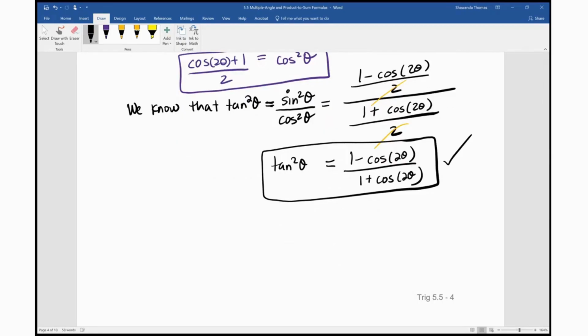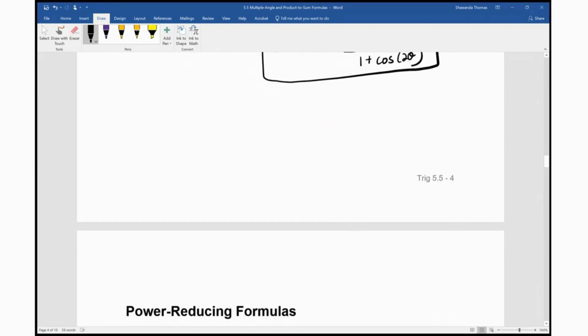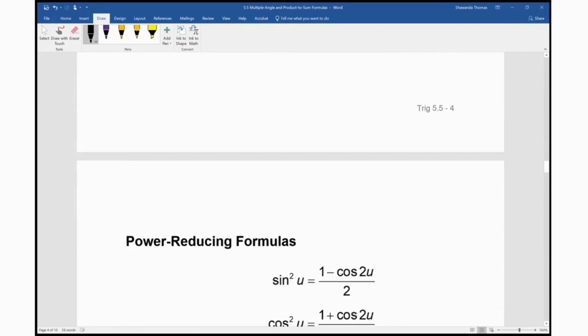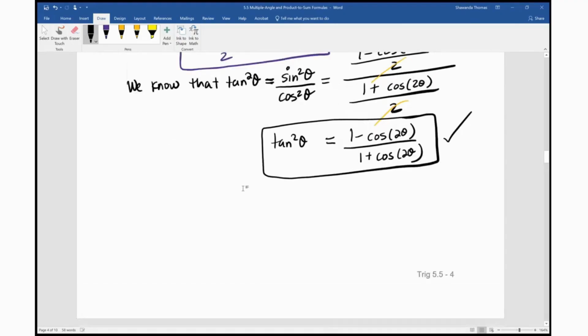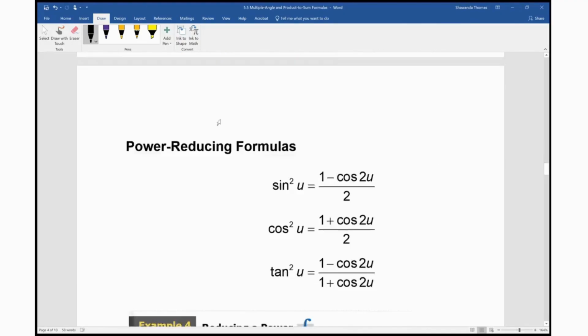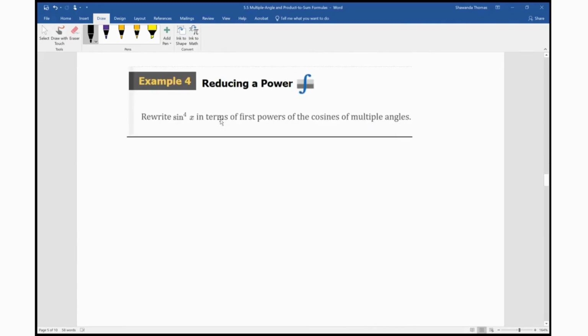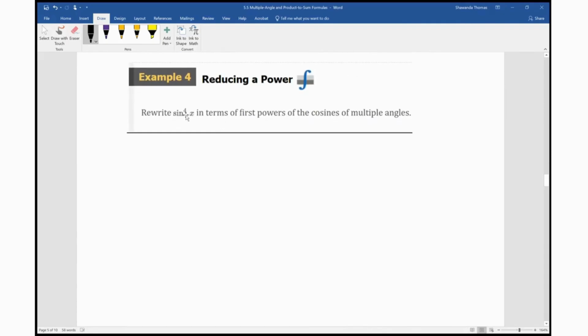We are going to do one example, and then we're going to move on to something else. All right, it says rewrite sine to the 4th power of x in terms of first powers of the cosines of multiple angles.